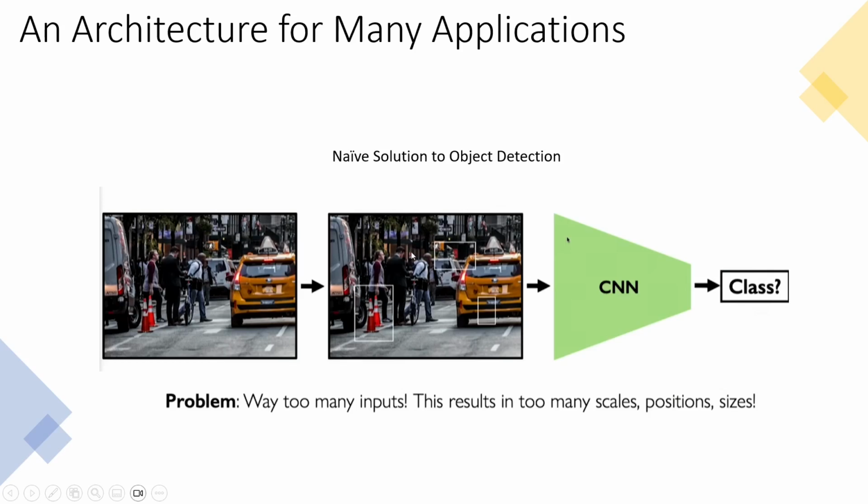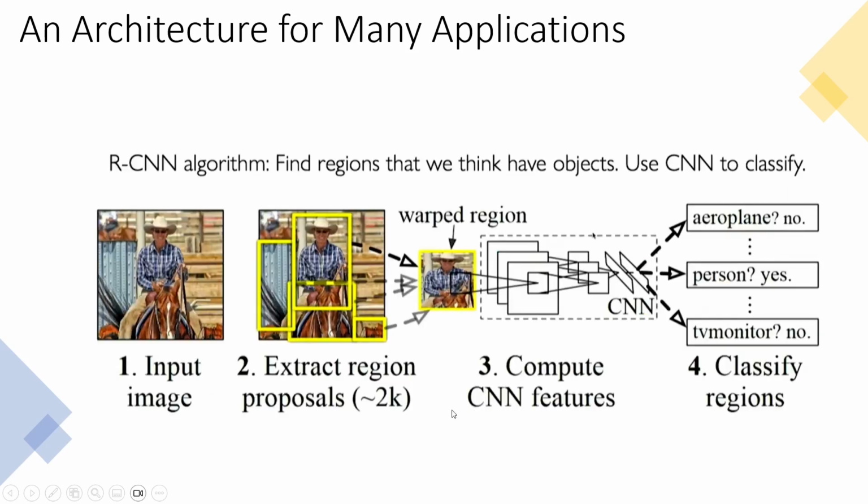At some point, you can come up with a pedestrian. But you need to check a lot of scales, a lot of positions, a lot of sizes, and that takes a lot of time. So what if we had another network which could extract regions and propose them as potential objects? And what if we could just concentrate on these regions?